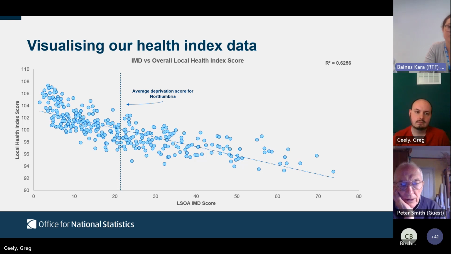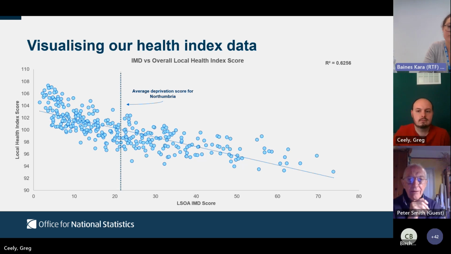But there are quite a few where they don't look like very deprived areas, but their health outcomes, at least going through the local health index, are not great. And from a very local commissioner perspective, those areas that are not very deprived, when thinking about local services and where our resources are going, would be areas that, if you were just using the IMD alone, you might not prioritise.